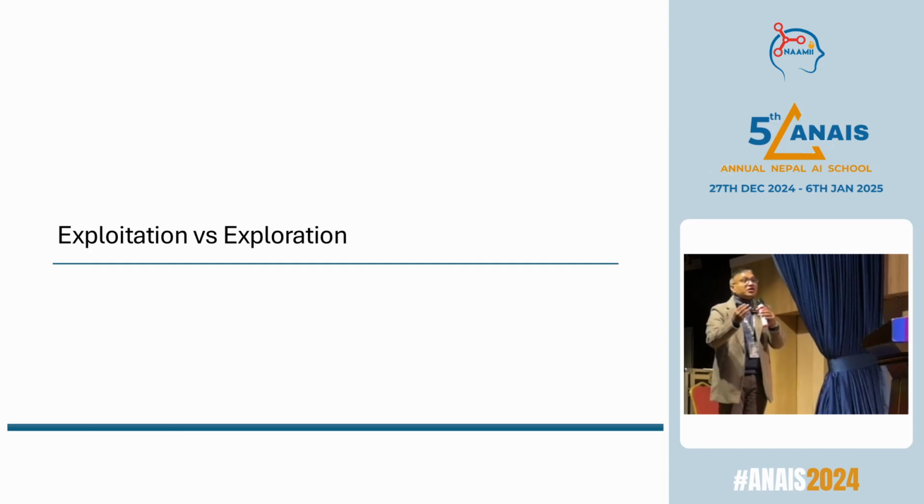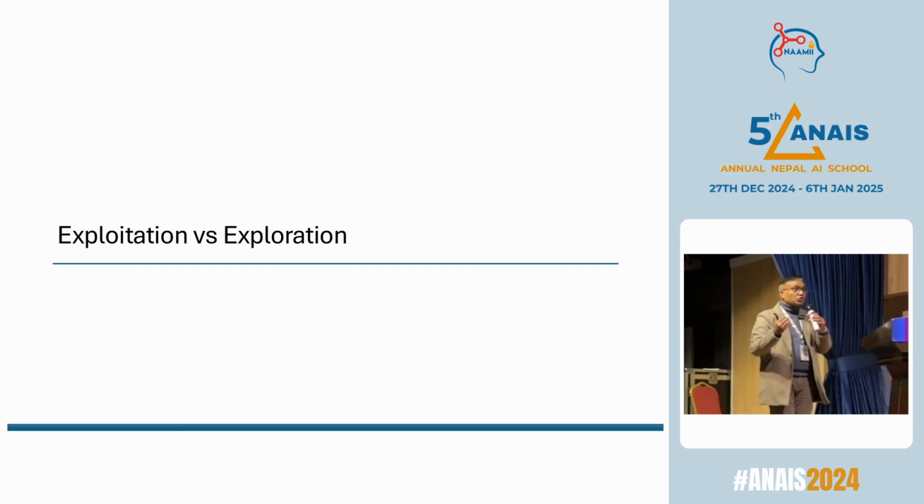But what is exploitation then? Exploitation is when the agent already has the information that this particular action is better, or already knows that this particular action will lead to the higher reward. Then the agent is going to take this action because it knows that it is going to receive the higher reward.